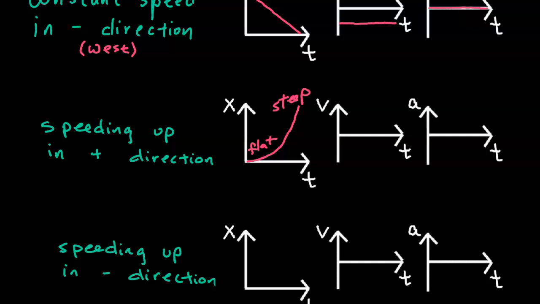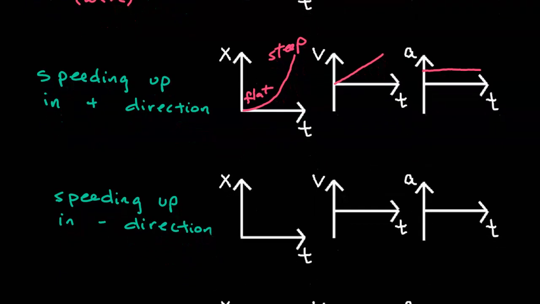The steepness of the graph on the position graph tells us how fast it's going, so this is getting faster. So the velocity is going to look like this. It's an increasing speed, but in the positive direction. And the acceleration, because the velocity graph is a straight line, and the slope on a velocity graph represents the acceleration, is just going to be a horizontal line.